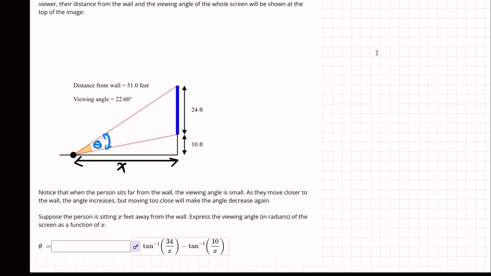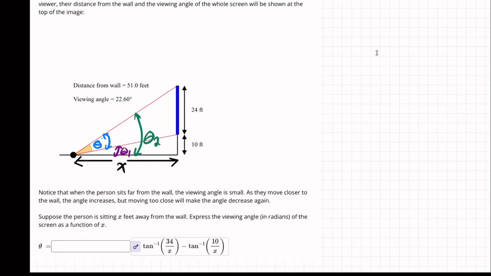Well, your viewing angle is actually made up of the overall angle up to the top, call that theta 1, minus the little angle on the bottom. I didn't leave enough room here. Let me try again. So I'll make this little angle here theta 1, whatever you call it, theta 1, theta 2. And that one, theta 2.